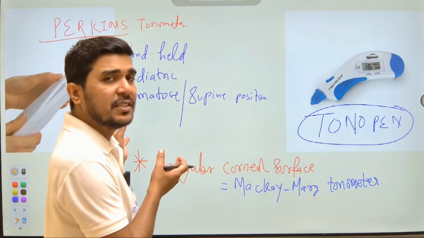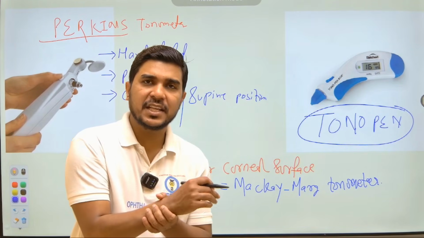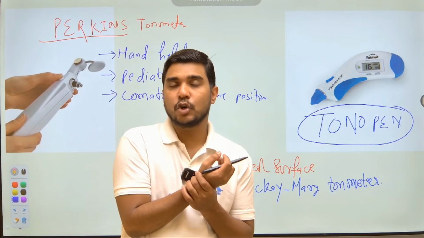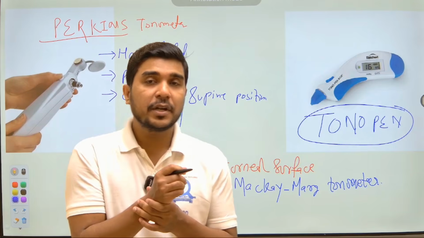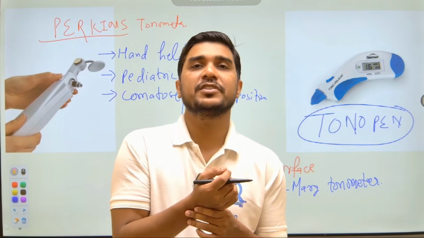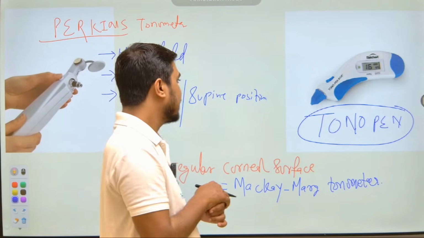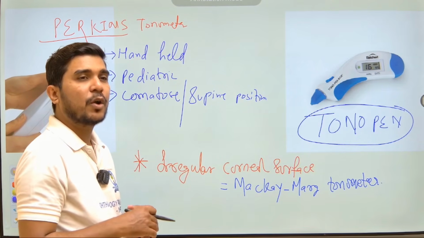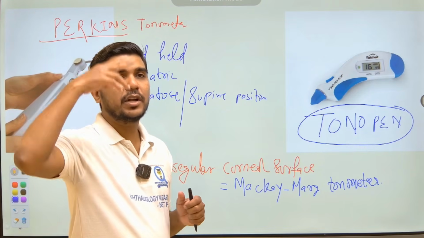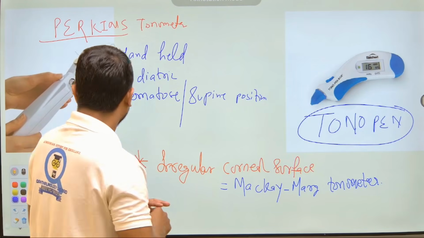So you need to remember this is a common type of tonometer that is used. Other types of tonometers are also there. Pascal is there. Dynamic contour tonometer, that we call DCT tonometer, is also there. Numerator tonometer is also there, which gives a 24-hour reading of the IOP. Similarly, we also have an aqua tonometer fitted into the cornea that will give you 24 hours of reading. That is a very advanced thing. You need not learn all these things.